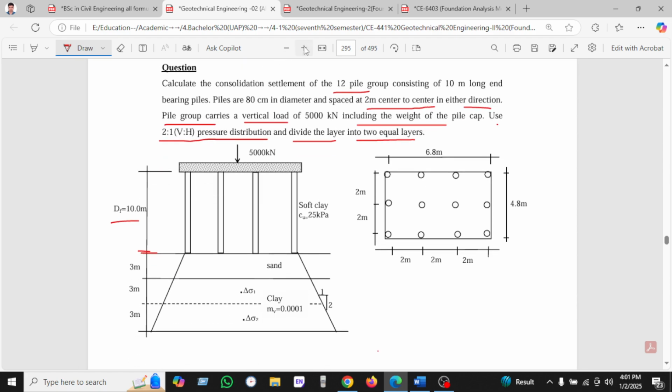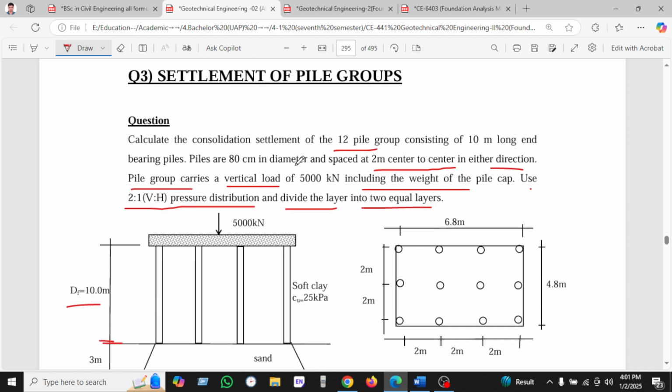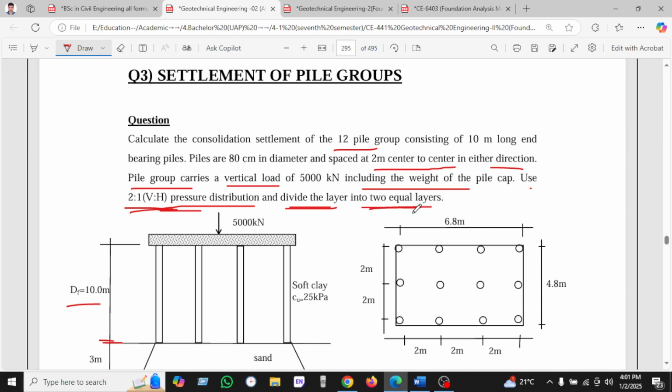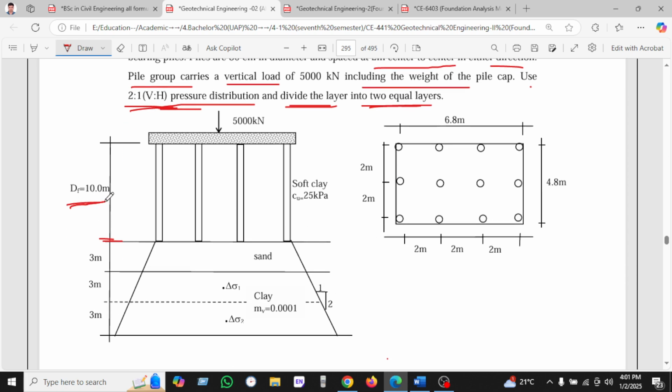We calculate the consolidation settlement of a 12 pile group consisting of 10 meter long bearing piles of 80 centimeter diameter, and spacing is 2 meter center to center in each direction. The pile group carries a vertical load of 5000 kN, including the weight of the pile cap, and use the 2:1 pressure distribution, and the individual pile layers are two layers of the pile. Okay, so we can see the depth we found was 10.